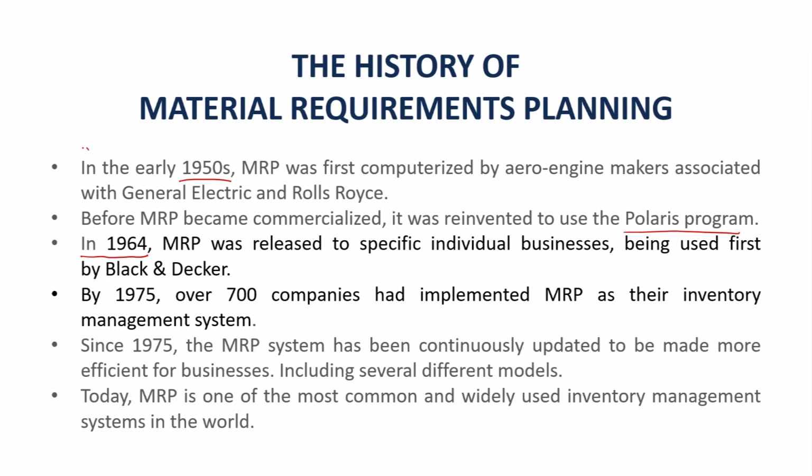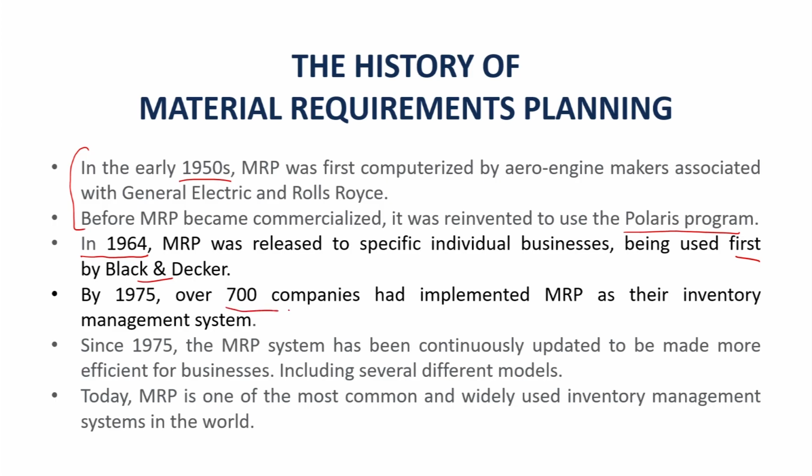Earlier it was more captive within the organization, they developed and used it in a captive manner, but the software was made open to any individual businessman for the first time in 1964, and the first use was by Black and Decker. Black and Decker was the first user of this MRP system. In 1975, you will see the penetration of this.